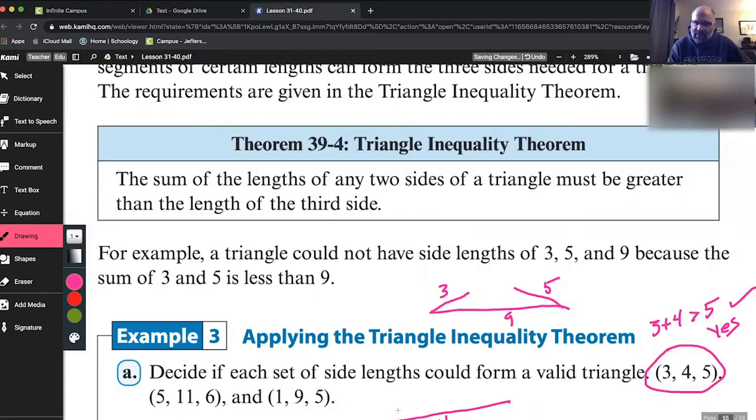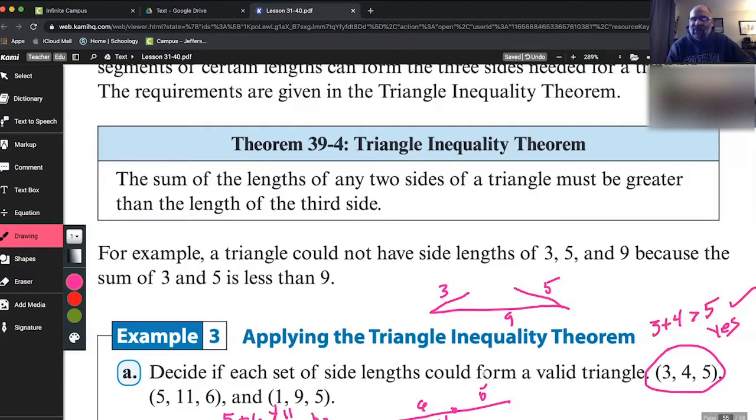First of all, the theorem says 5 plus 6 has to be greater than 11. It can't be equal to 11 because if it was equal to 11, it would look like this, just a flat line segment. It's not a triangle. So 5 plus 6 is not greater than 11. So no, this is not a triangle.